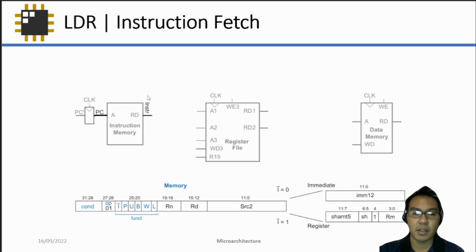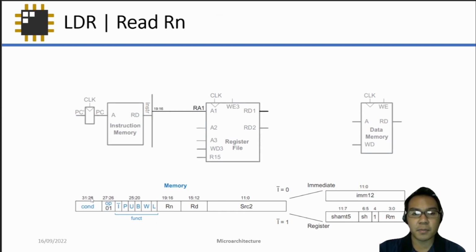So we have the instruction right here. It's a 32-bit bus, and I placed the structure of a memory type instruction here, since load register is a memory type instruction.